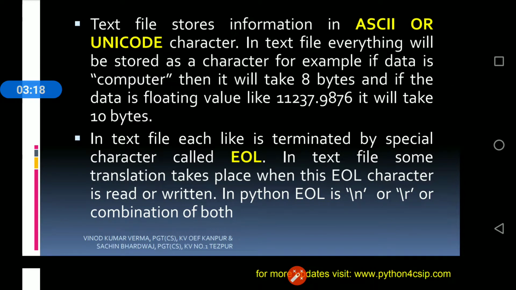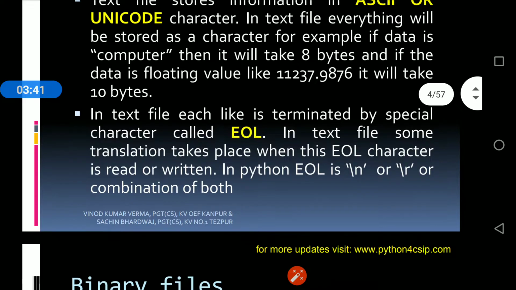In text files, whenever a line is there in the text file, each line is terminated by an end of line character, EOL. So what is an end of line character? It can be of two types, either \n or \r can be used as an end of line character. What is \n? You all know \n means a new line.